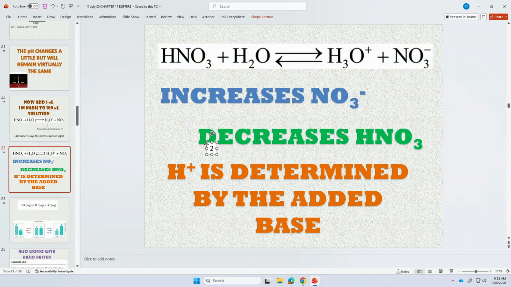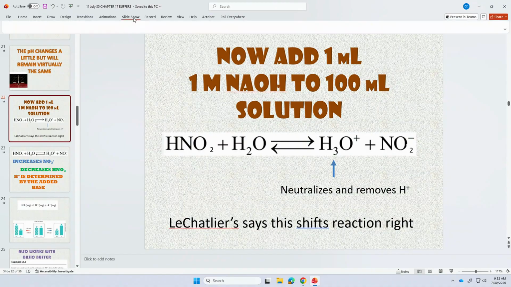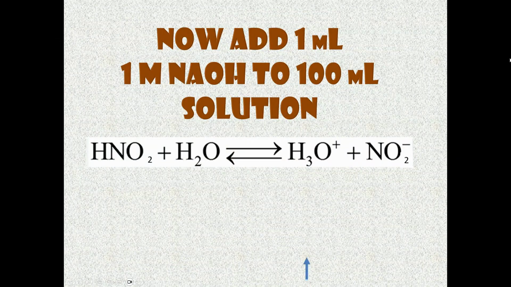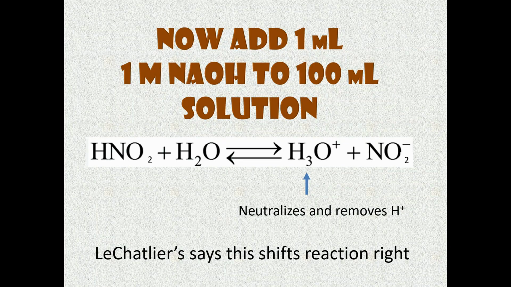So what I'd actually done in all of those previous things, where all the numbers were wrong, I had basically done this. Because now, adding the base will neutralize that H plus and remove it.